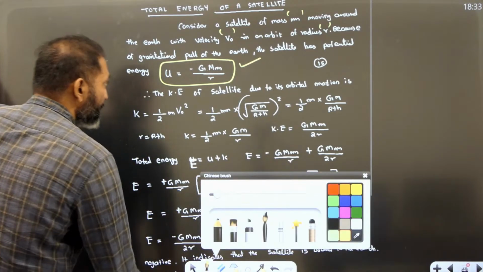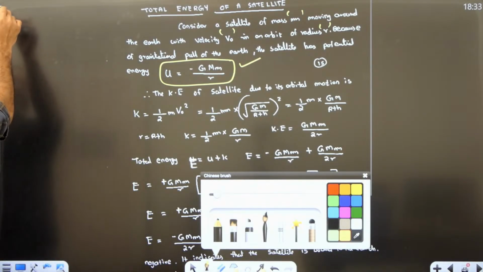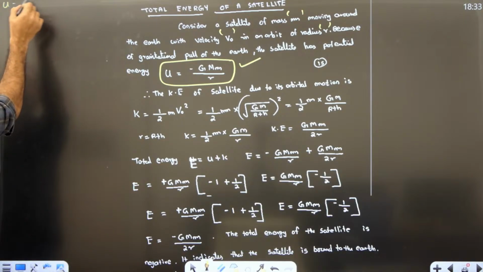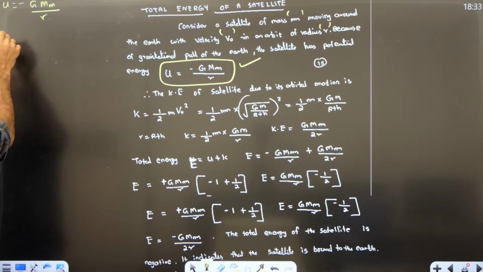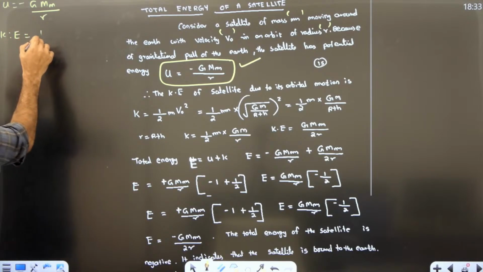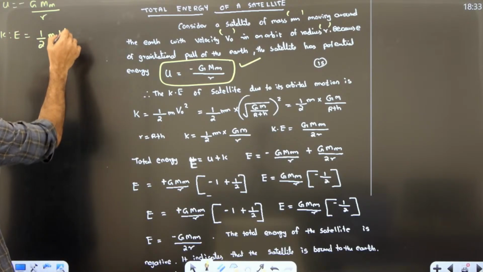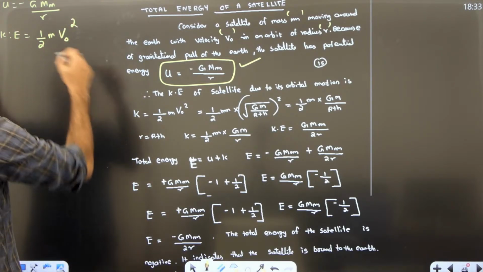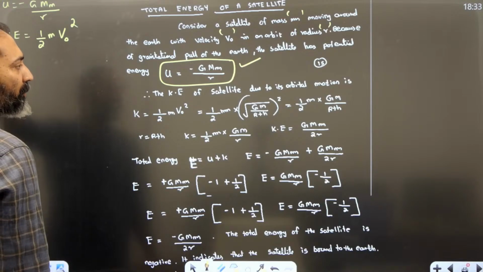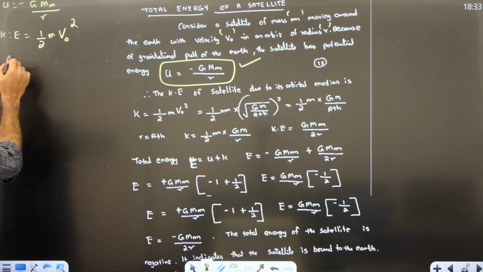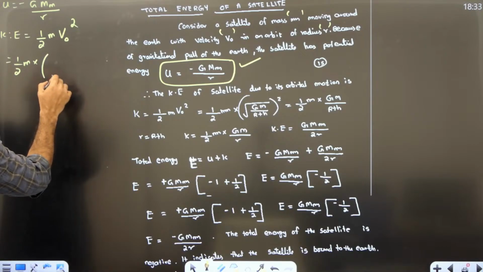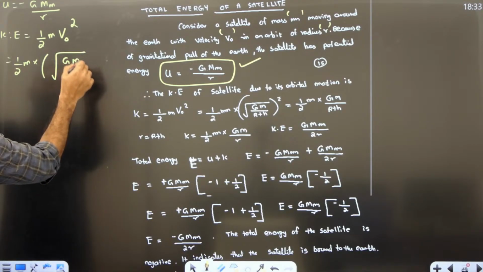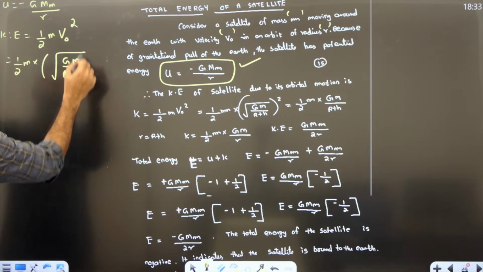Let me derive this. Potential energy of the satellite U is equal to minus GMm by r. What is the kinetic energy? Half m vo square, because the velocity with which the satellite moves is the orbital velocity. So half m into, instead of orbital velocity, we write root GM by r plus h, the whole square.